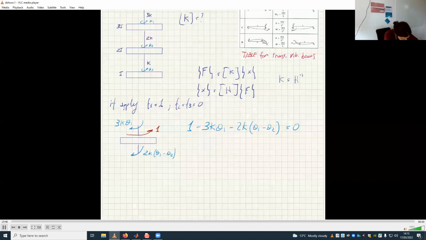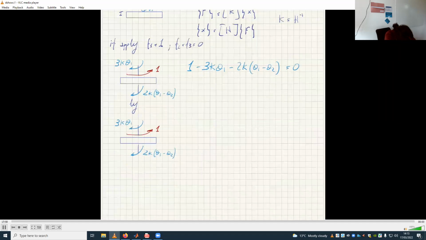If I do the same for the other mass, here I don't have this force anymore. I am applying the first force only, force 1.